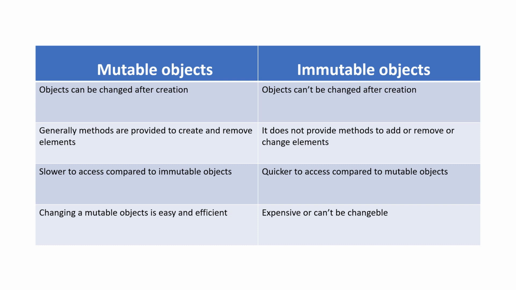Even if you do a concatenation operation, whatever changes happen with the concatenation are reflected only in a new object, not the existing object. Only because of this we are saying that it is immutable.